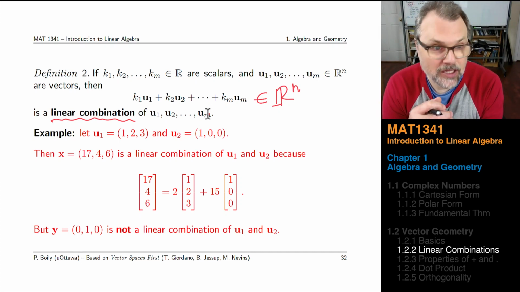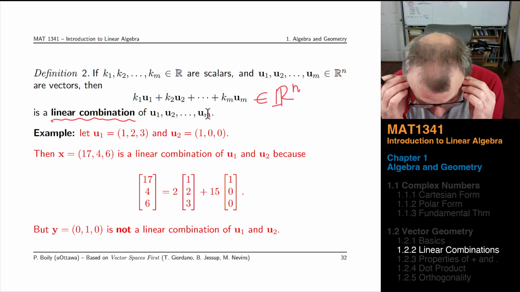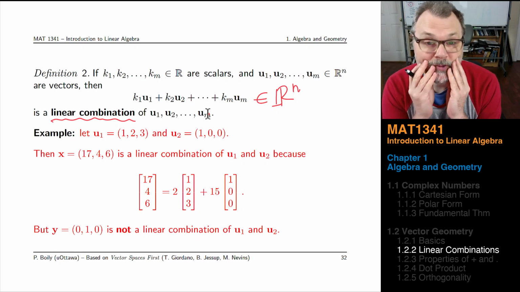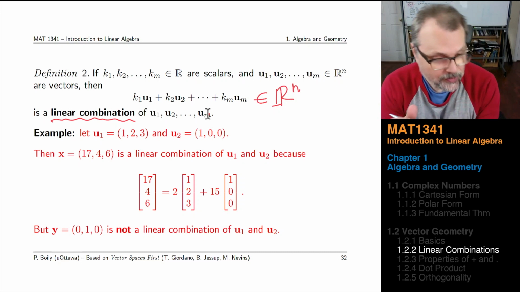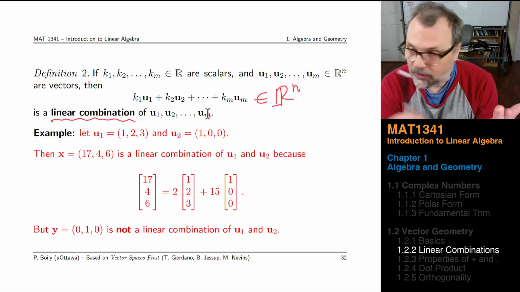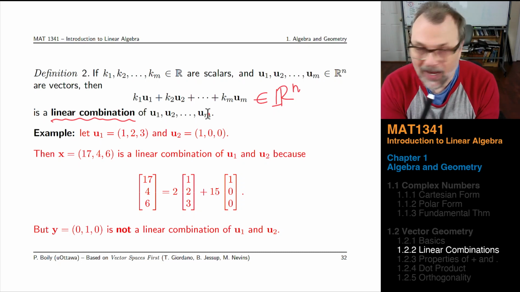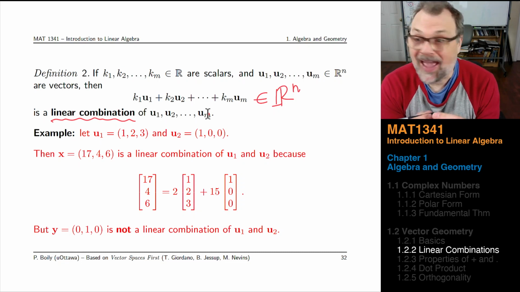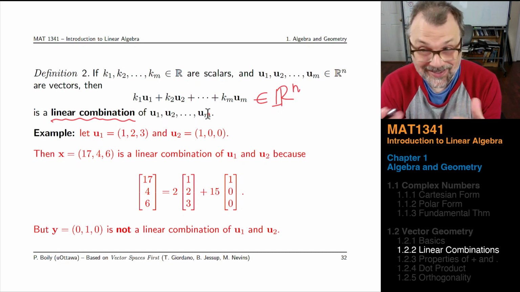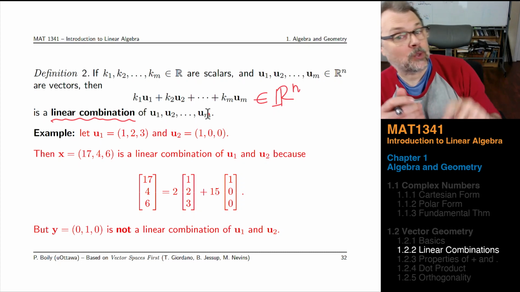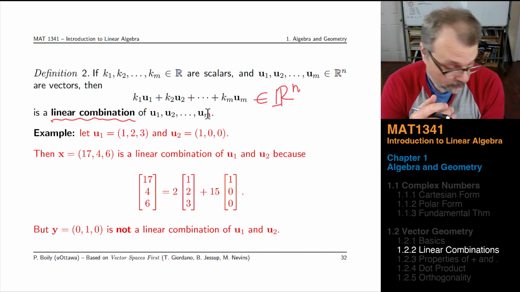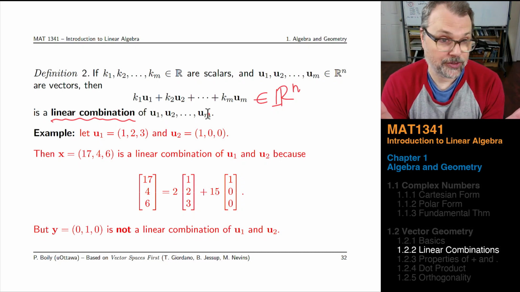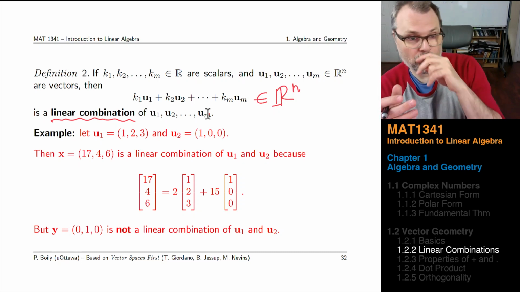There'll be a lot of linear combinations, and you have to be familiar with the idea, with the definition. A linear combination of two vectors is just some scaling of the first vector, some scaling of the second vector, and you add them up. Eventually, we will talk about spanning sets, or spans. With spans, we're not just looking at one linear combination of some vectors, we're looking at all the possible linear combinations. But for now, let's just focus on one.